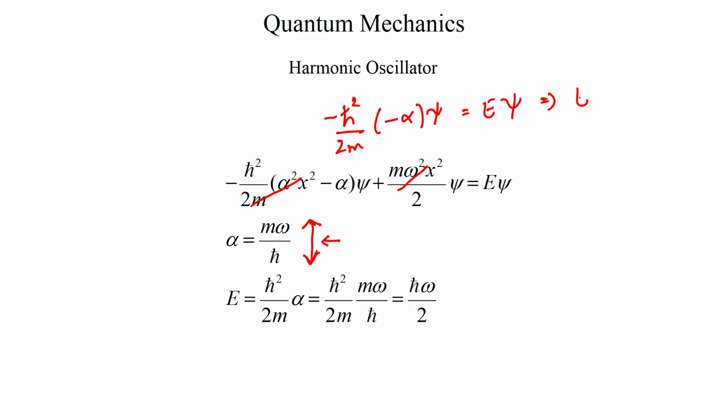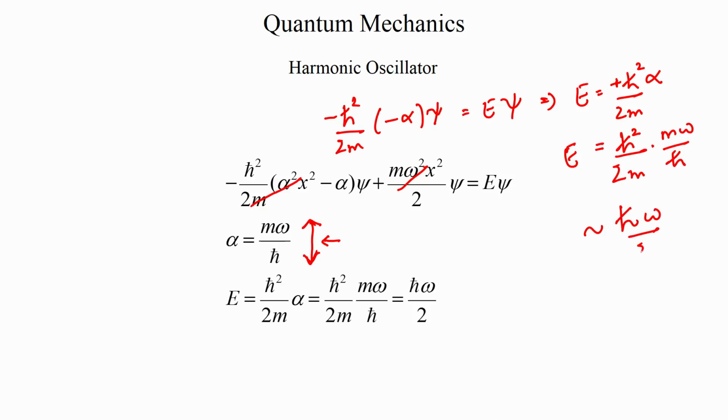This implies my energy is minus h bar square by 2m into minus alpha, which is h bar square by 2m into alpha, and using the value of alpha you have h bar square by 2m into m omega by h bar is my total energy, which is going to be equivalent to h bar omega by 2.